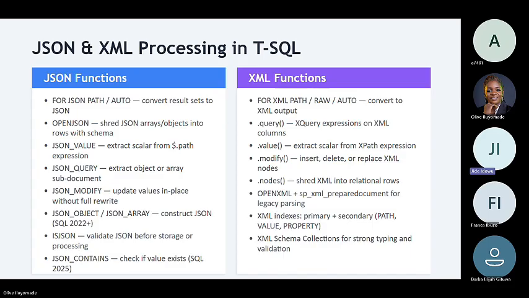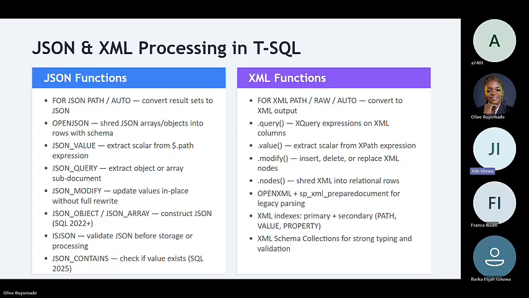The best way to learn is why this slide was designed this way, so that when you understand what each of these does, and then run the code, you understand the outcome. This one will convert results to JSON. And this other one will shred JSON array and object into rows, because it's not really structured.